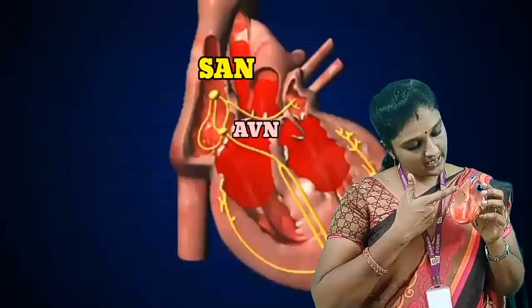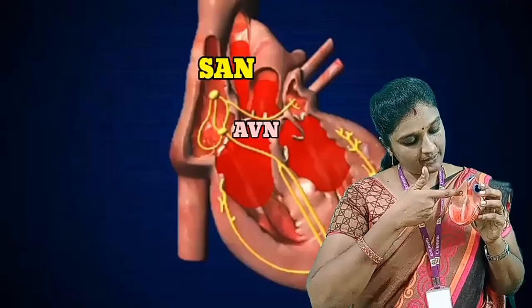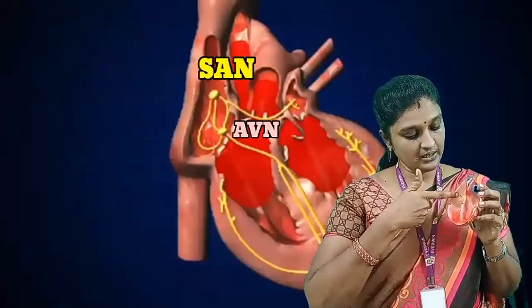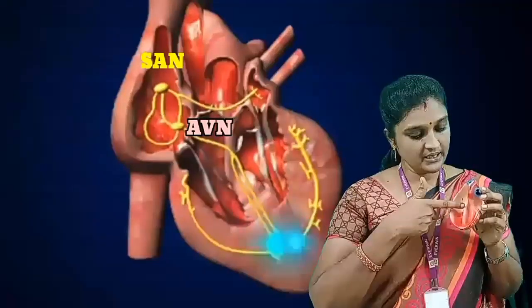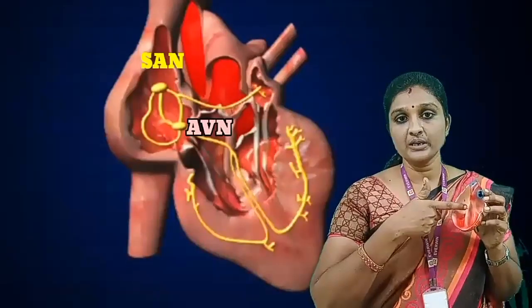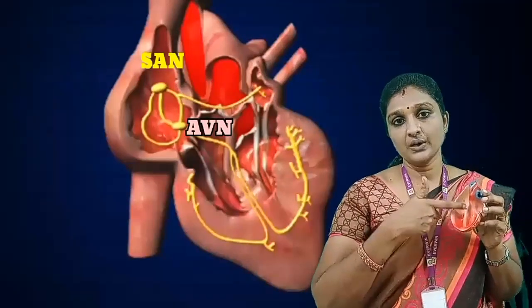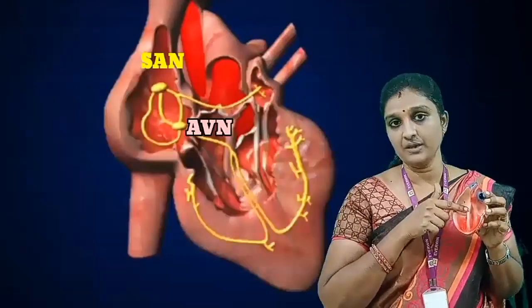The SAN is present in the wall of the right side of the right auricle. The AVN is also present in the right auricle, but near the auriculoventricular septa. Somewhere in this place you can see the AVN.